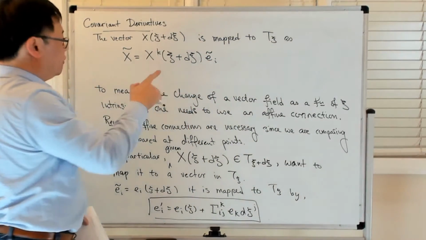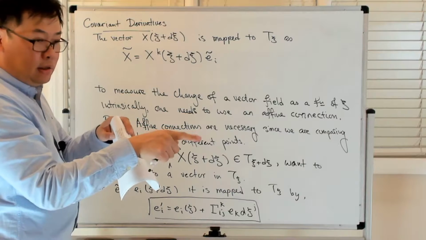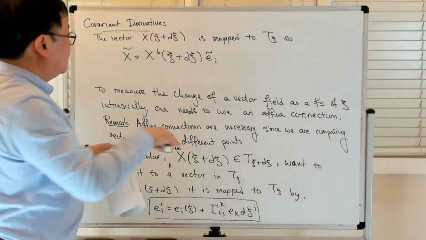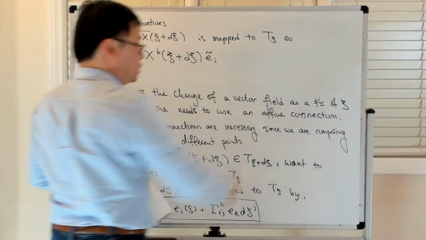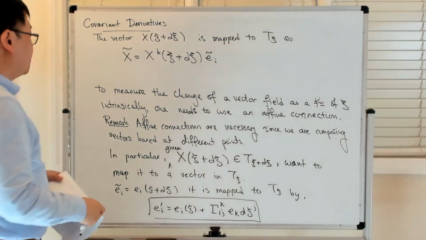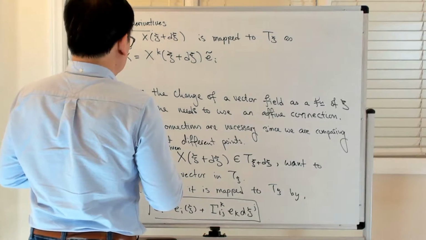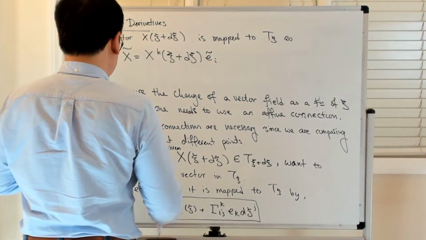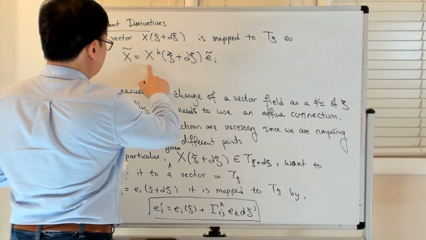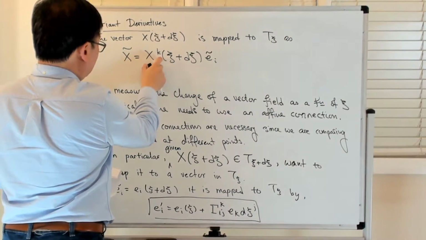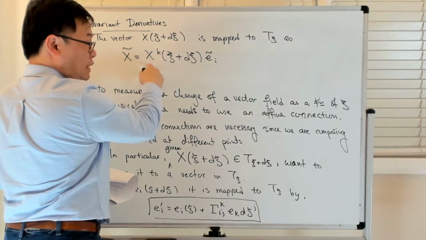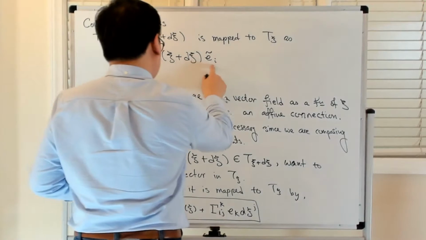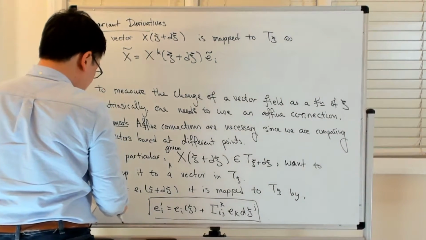So this is the representative of the vector field value at a different point, but expressed on the tangent space at the initial point. Now I can expand this. Because x^k is now just a scalar-valued function, I can do a Taylor expansion and write down the expansion of E tilde i.